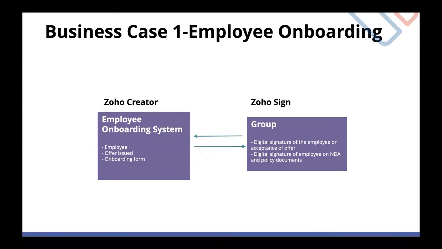So there are a lot of documents which are supposed to be signed while we are onboarding an employee, right? All these processes can be automated or made easy while we are using the Zoho Sign system. The data can be fetched from Zoho Creator, and the templates can be created in Zoho Sign, and the created templates can just get the data and initiate the document for signature.